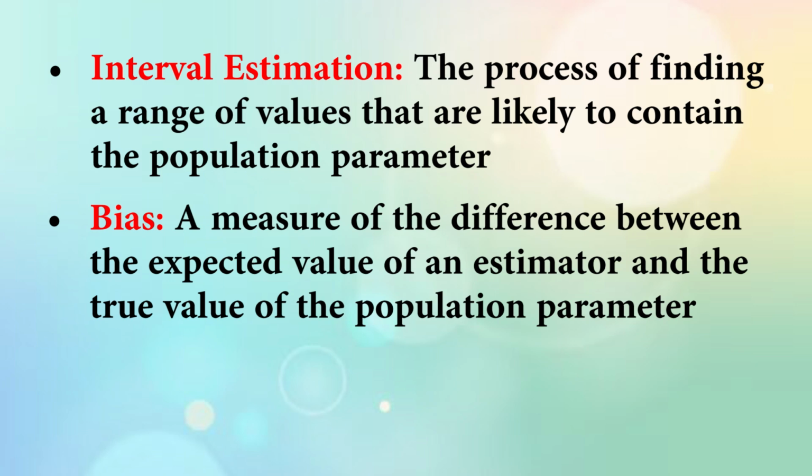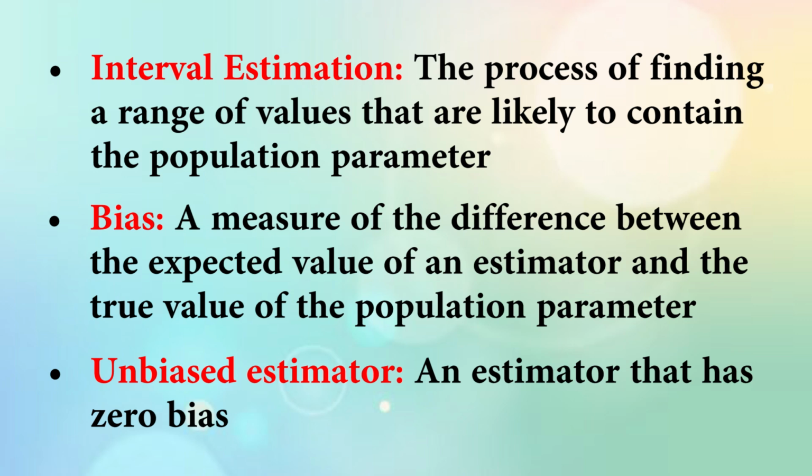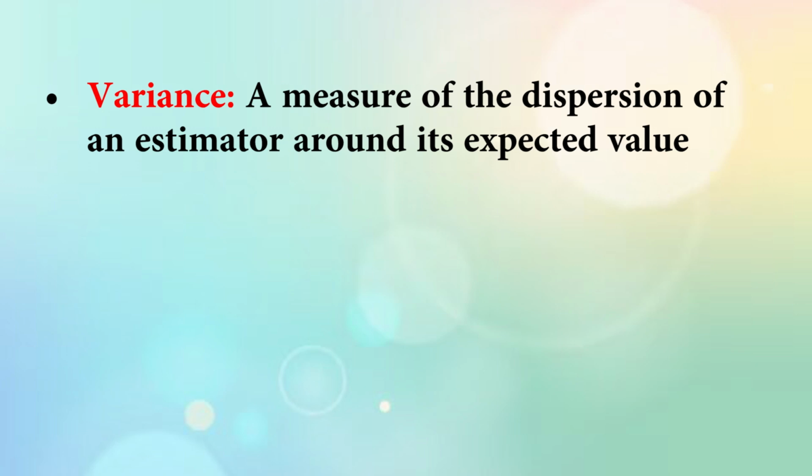Bias: a measure of the difference between the expected value of an estimator and the true value of the population parameter. Unbiased estimator: an estimator that has zero bias. Variance: a measure of the dispersion of an estimator around its expected value.